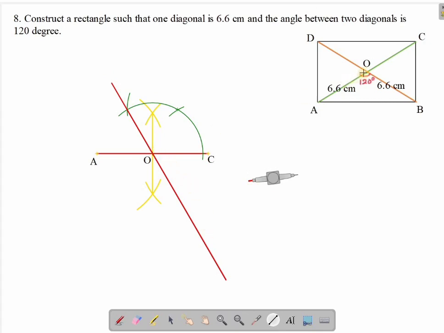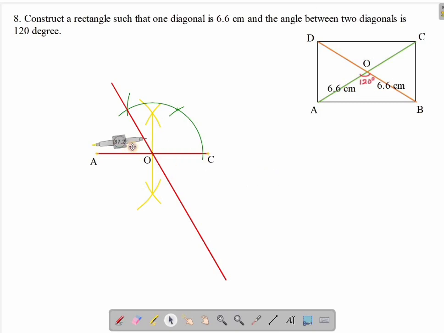So now what we'll do is we'll take half of 6.6 which is 3.3. So let me make the compass of radius 3.3.